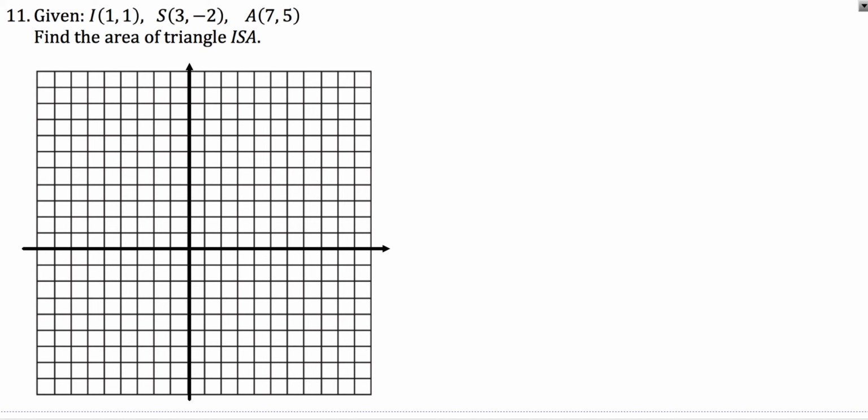Alright, so the points are 1, 1, just like before, and then 3, negative 2, and 7, 5. Actually, 3, negative 2 has to be over here. Alright, now I'm going to connect those dots.